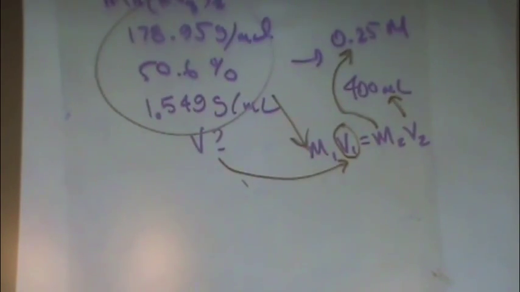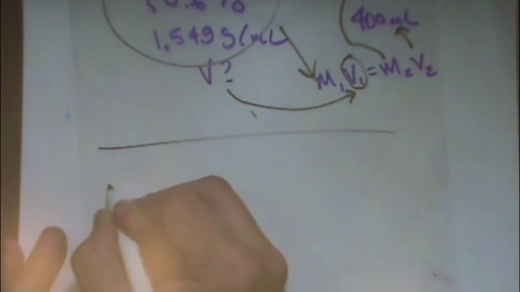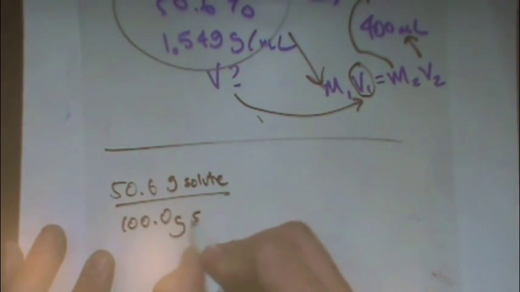If you have a conversion problem, it's a pretty normal problem to have a percent mass, a density, and a volume. Or, yeah, a density and a percent mass, I guess I should say. How do you do that? Well, the 50.6% mass means there's 50 grams of the solute for 100 grams of the solution.